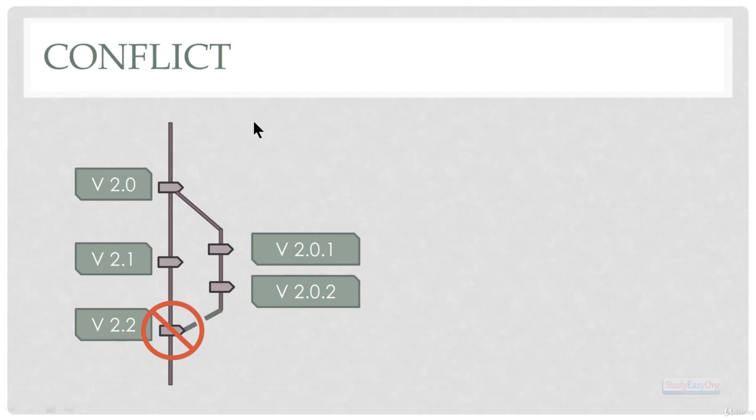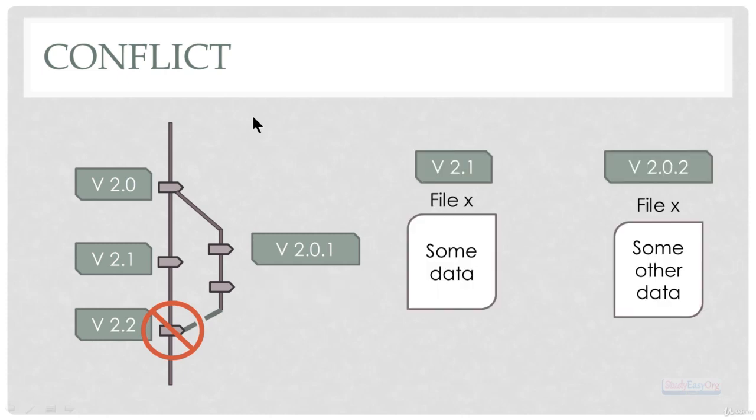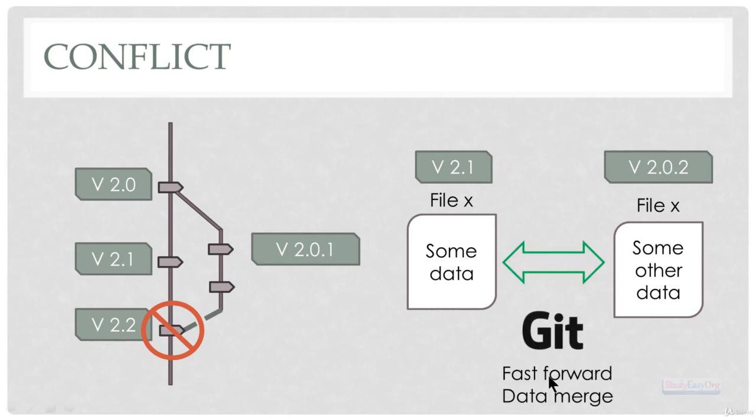There could be two solutions to this conflict. The first solution is that if there are two files with different data, and the data can be merged automatically, then Git will merge automatically. So fast forward merge is possible, but there are scenarios where Git cannot decide how to merge two files, how to merge two versions.